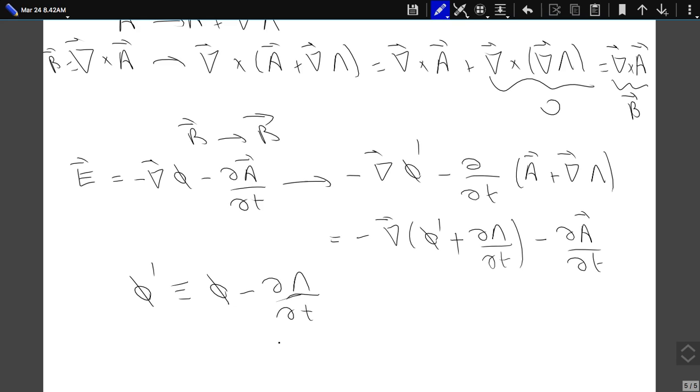These two are the equations satisfied by my scalar and vector potentials. You see, these equations are what we call coupled differential equations. The equation for phi depends on A, and the equation for A depends on phi. So we have to solve them together.